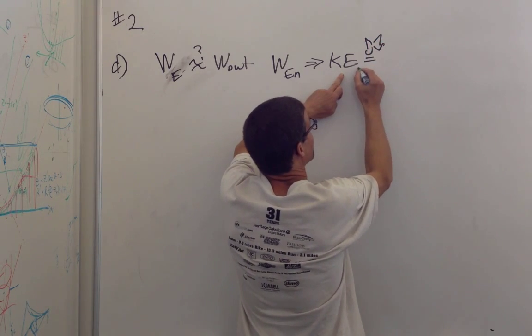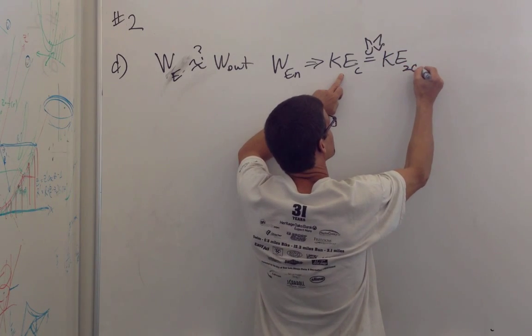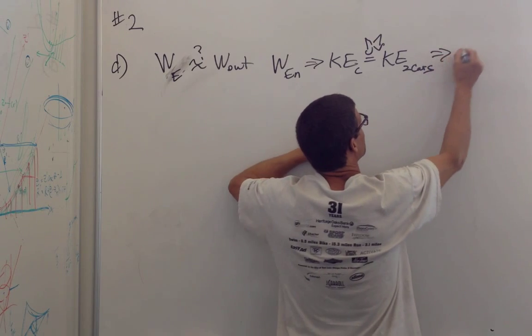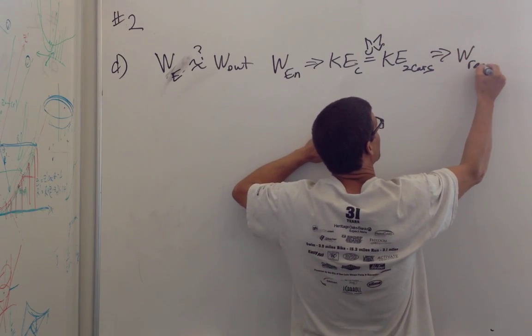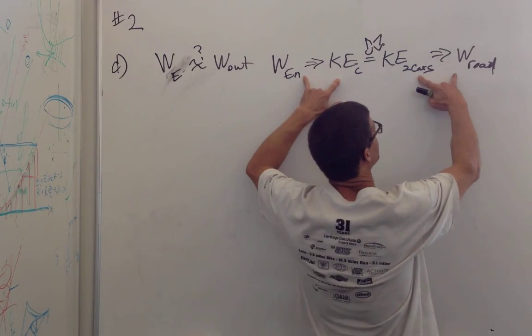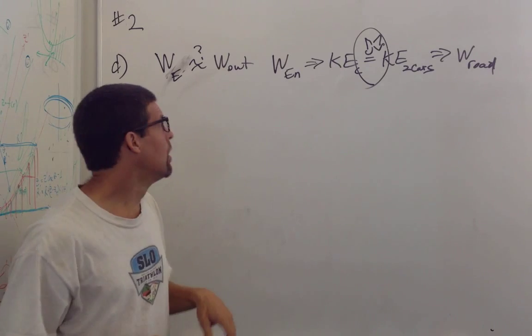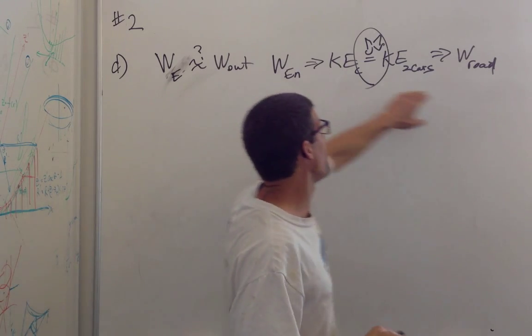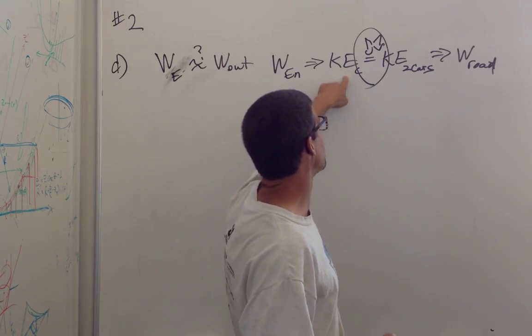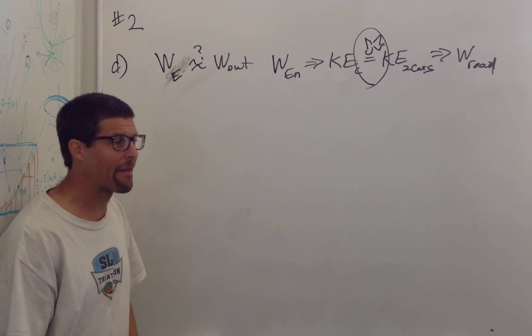And so we went from the kinetic energy of 1 car to the kinetic energy of 2 cars. And that turned to work on the road. What I'm asking you to accept is there's no frictional losses here, that all of the energy was lost right here. So when I ask you how this work compares to this, it's going to be the same as that kinetic energy comparing to that kinetic energy.